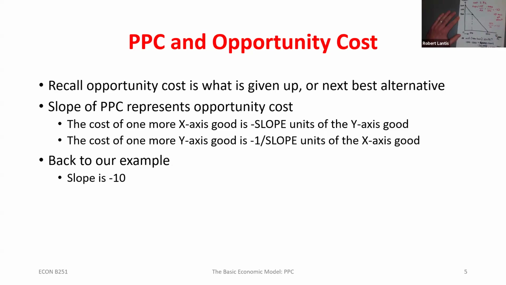Well, 10 of them, right? Now, you don't have to do this every single time, but it'll end up being the case, right? I think it's probably easier in all these models. You'll always be given enough information to simply use these 2 extreme points where you're only producing one type of good and find that slope. That tells you the cost of your x-axis good, okay?